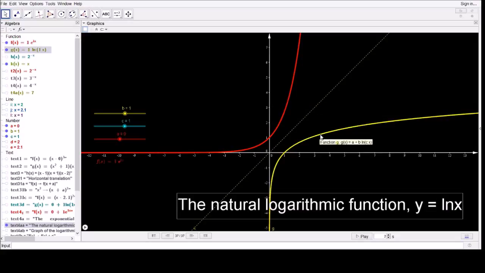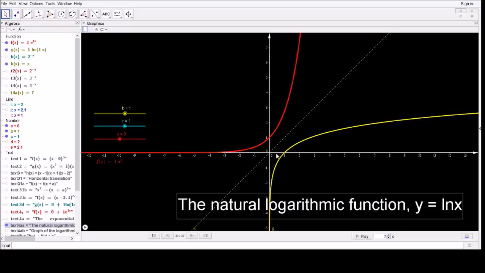The characteristics of the logarithmic function, as it's a reflection in the line y equals x: you can see that it will cut the x-axis at 1. So the natural logarithm of 1, that is ln of 1, will equal 0.